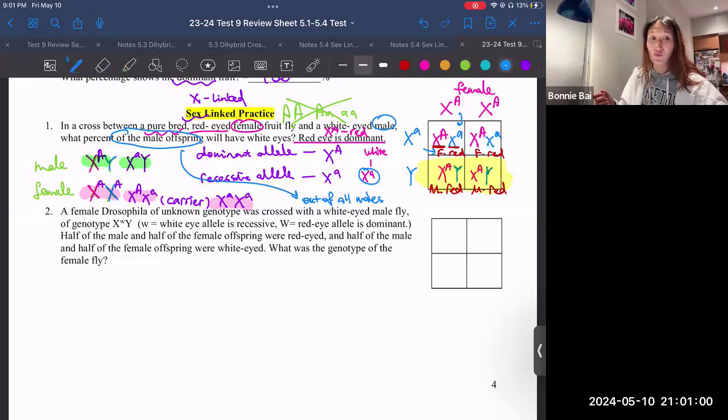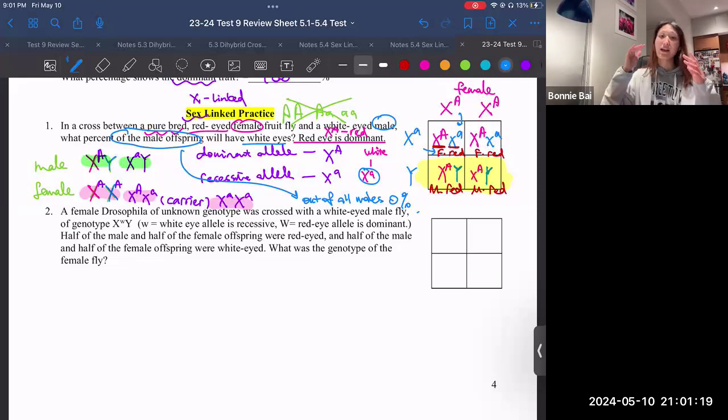So out of all the males, which ones are white eyes? Well, both of them are not white eyes. It doesn't matter. It's 0%. A question could say, what percentage of the males have, let's say, red eyes out of all the males? Then in that case, you would say 100%.